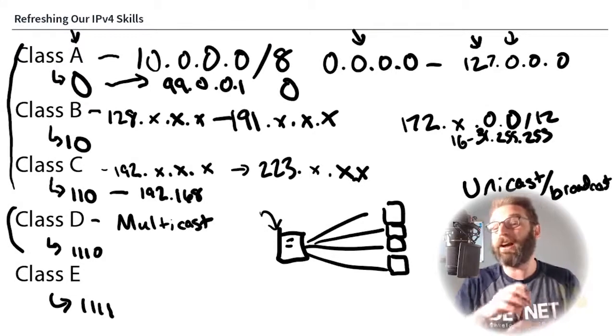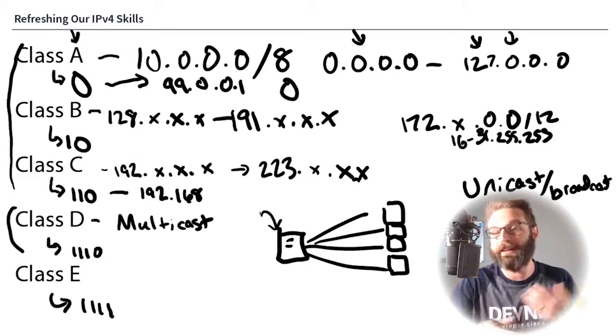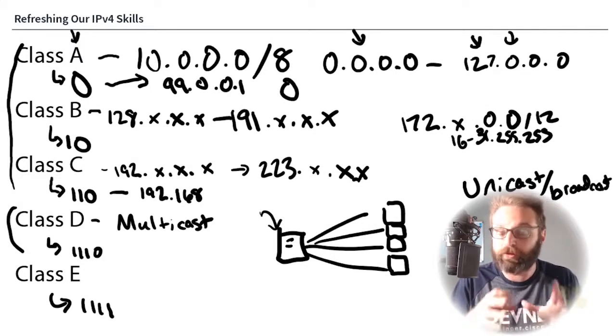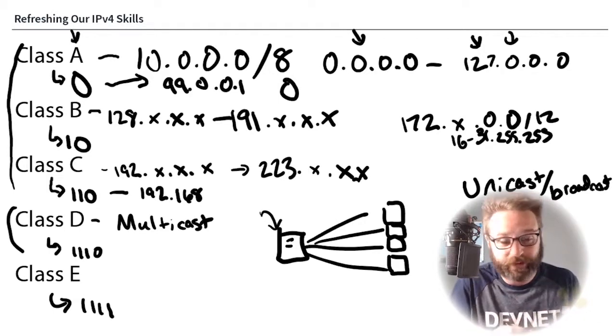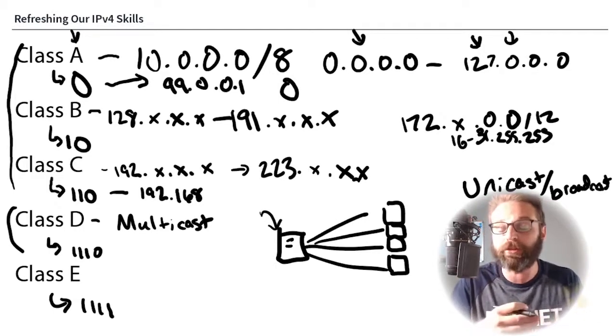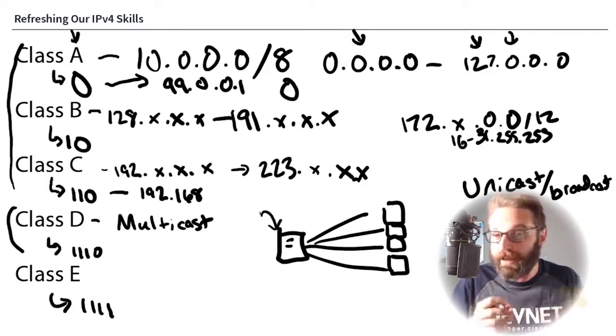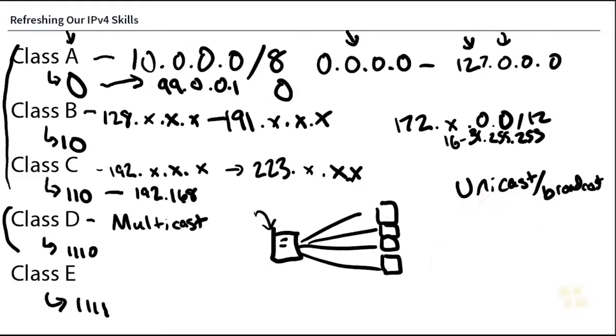Now, of course, we have a lot of multicast content coming up, so we're not going to dive into how multicast works too much because we've got dedicated skills coming up for that as part of the design playlist here. But it is important that we recognize what a multicast address actually looks like. Multicast subnetting ranges from 224.x.x.x to 239.255.255.255.